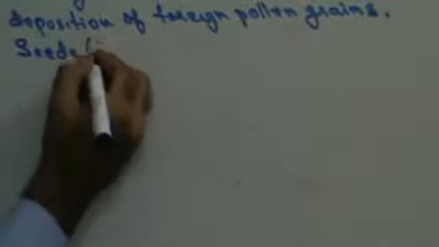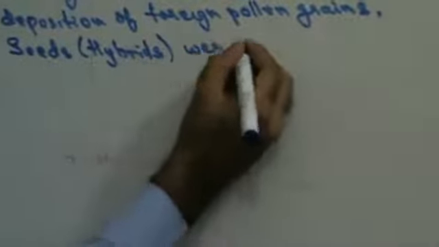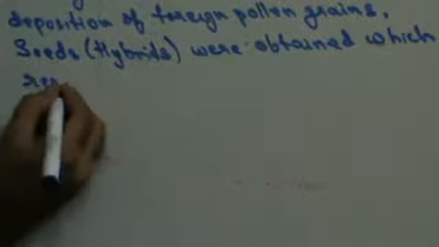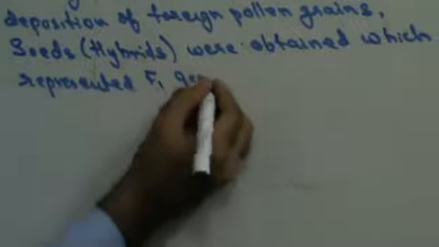Fine. So then seeds were obtained which represented the F1 generation. This flower would give rise to seed. So I would say that seeds, the hybrids, were obtained, which represented the F1 generation.